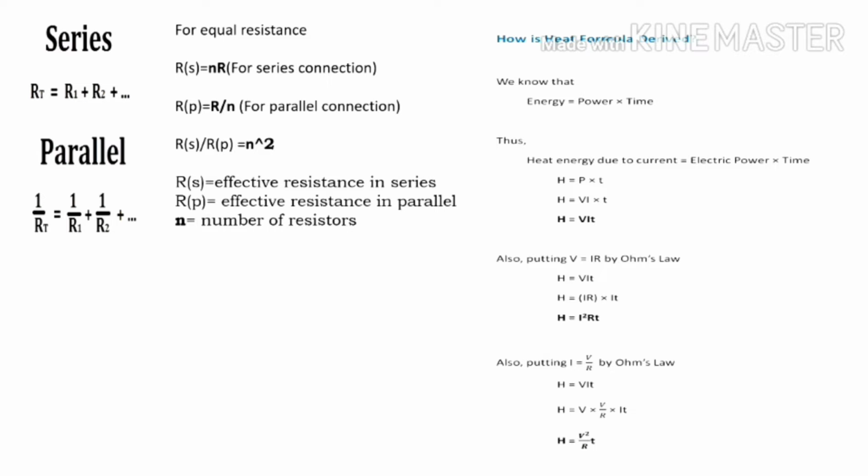If you take n resistors, nR. Similarly, in parallel, when you take 3 resistors, you get R by 3. For 4 resistors, R by 4, and for n resistors, R by n. Simply if you divide the series combination resistance by the parallel combination resistance, you get n squared.